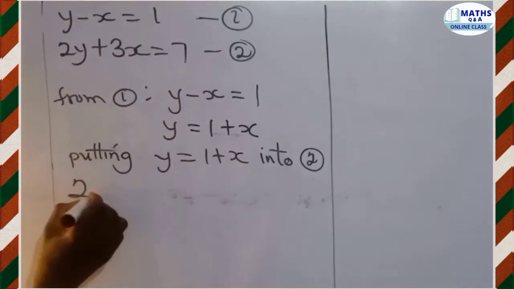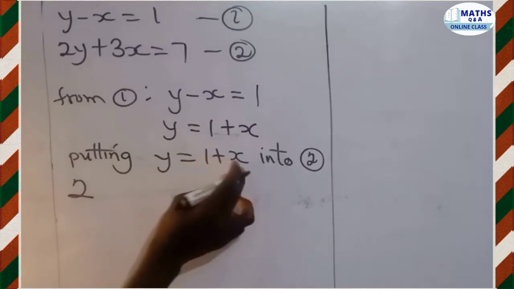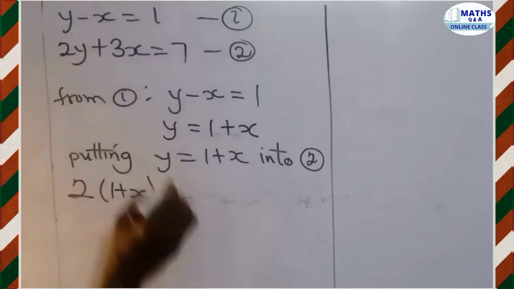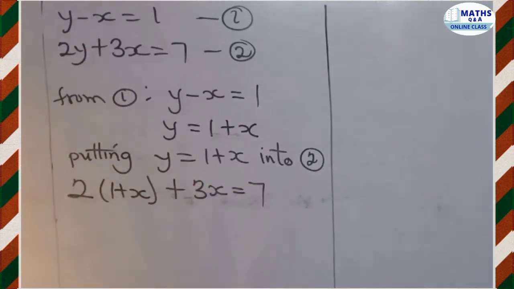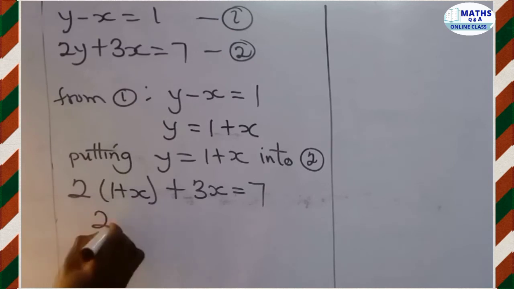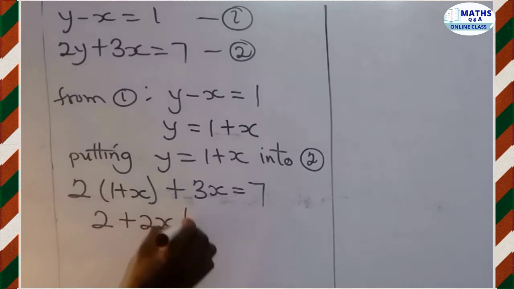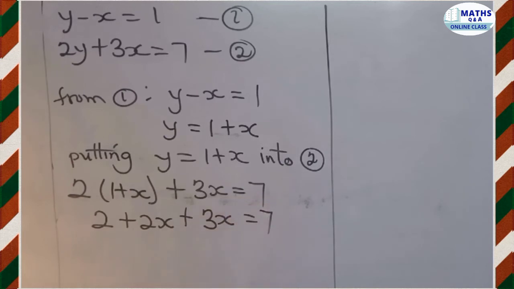We have 2 multiplying y, so in place of y we write 1 plus x, then plus 3x equal to 7. Now 2 is multiplying 1 plus x. So 2 multiplied by 1 is 2, and 2 multiplying positive x is positive 2x. So plus, we have 3x here equal to 7.